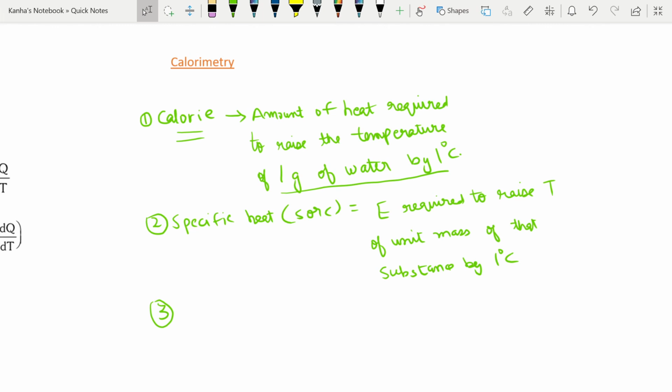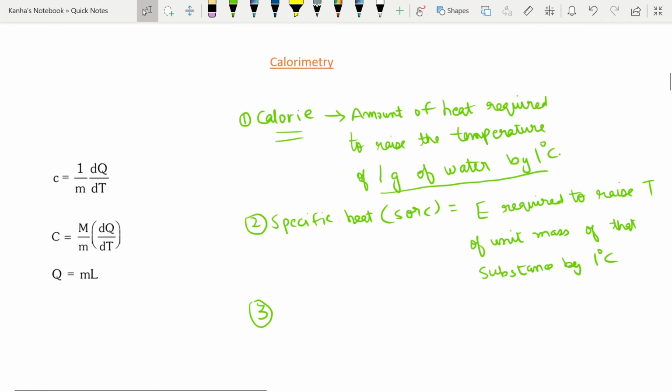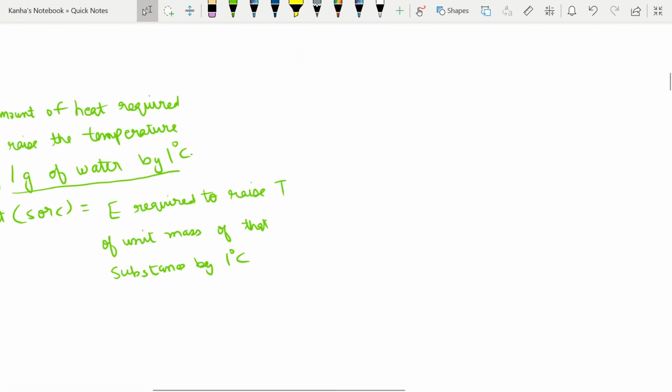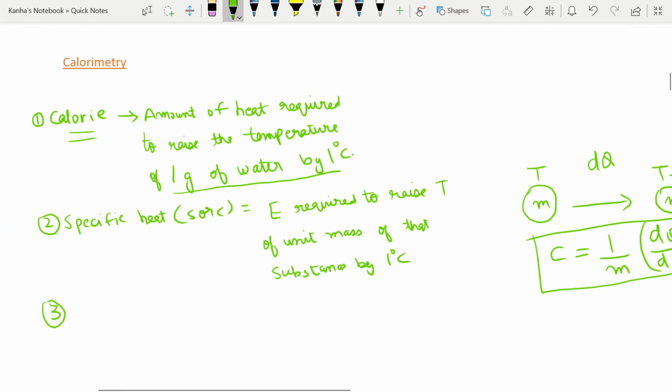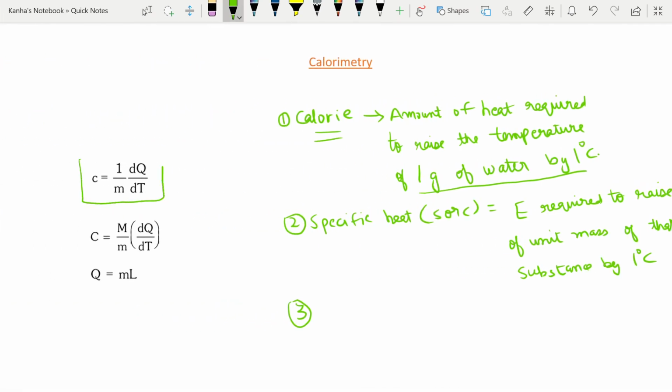If the temperature of a body of mass M changes from T to T plus delta T when it exchanges an amount of heat dq with its surroundings, then you can define your specific heat to be 1 by m into dq by dt. So this is your formula for specific heat.